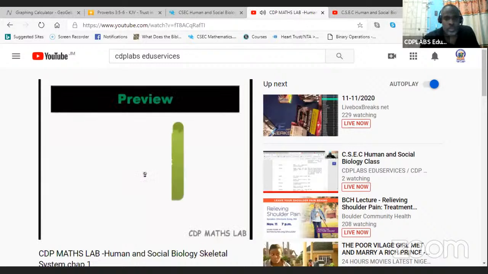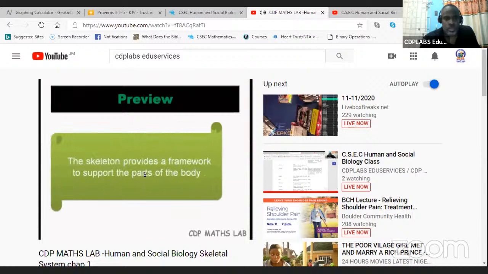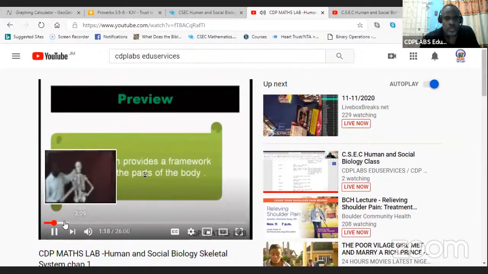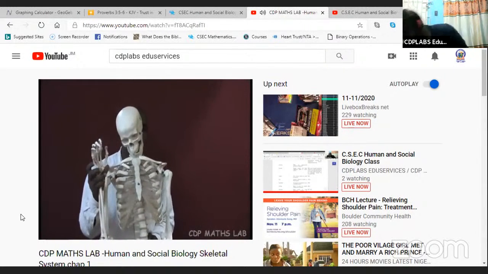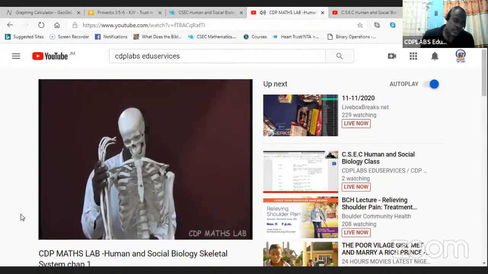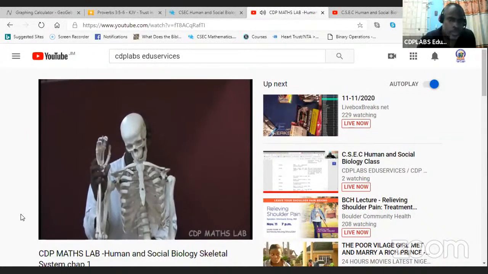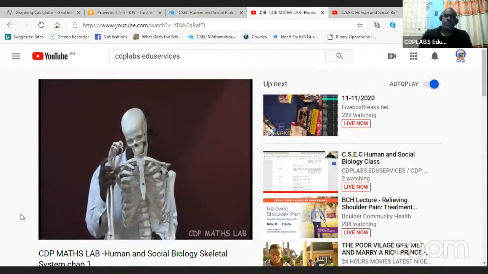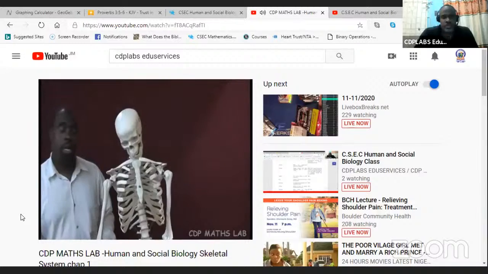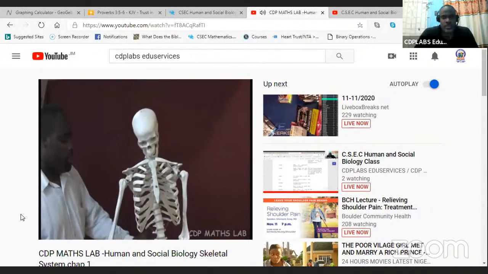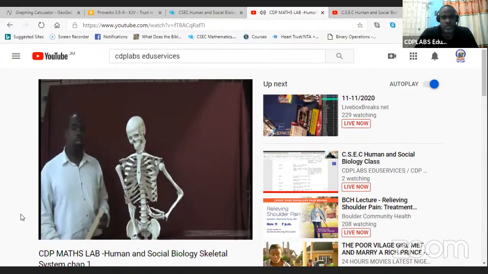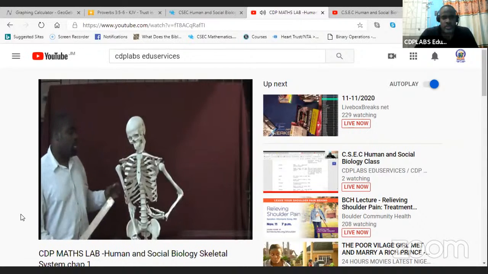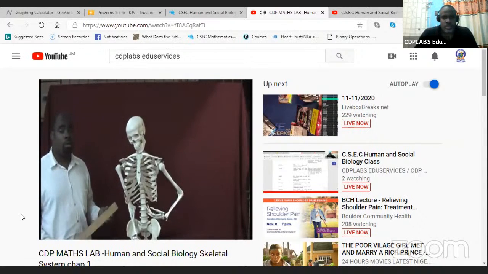Preview. The skeleton provides a framework to support the parts of the body. I am, and my purpose to you, and also my function. Now please pay attention and listen. Alright, students, I'm Mr. Bernard, and Mr. Skelly, I'm going to tell you about Mr. Skelly. First, in your syllabus, you need to be able to identify major bones of the skeleton.